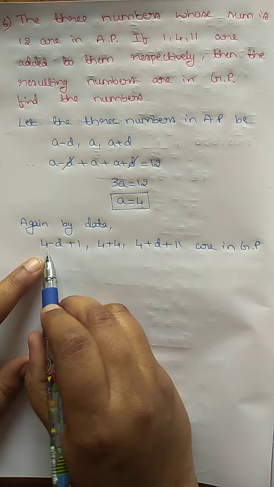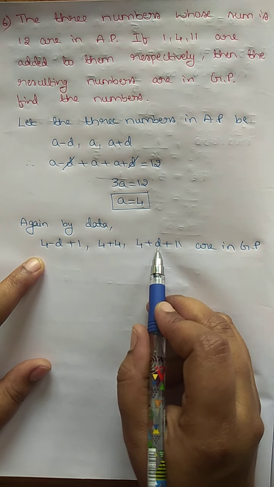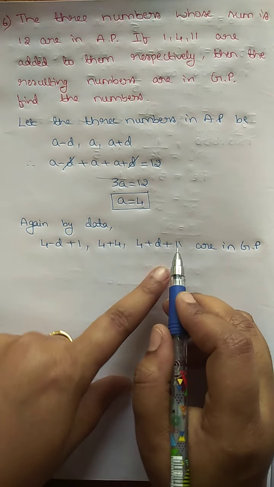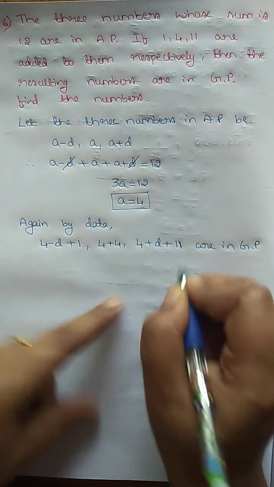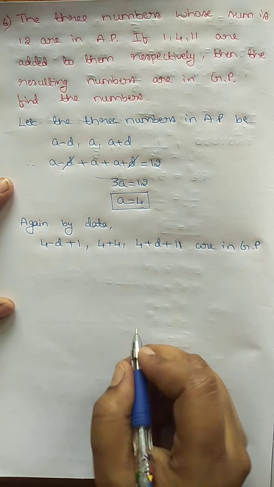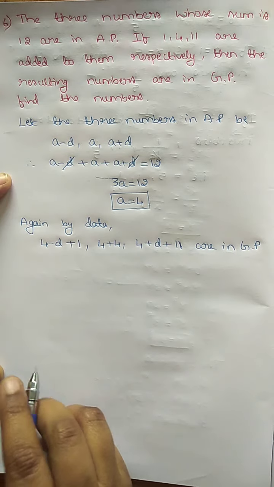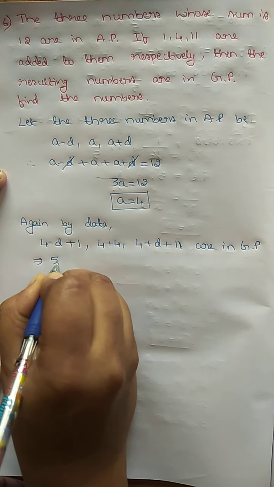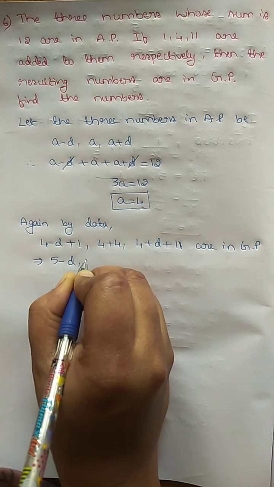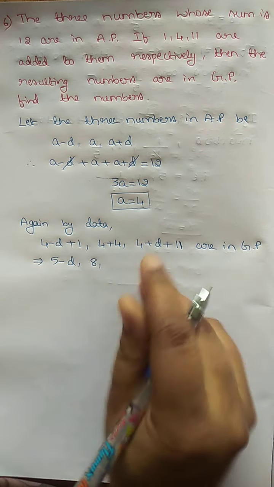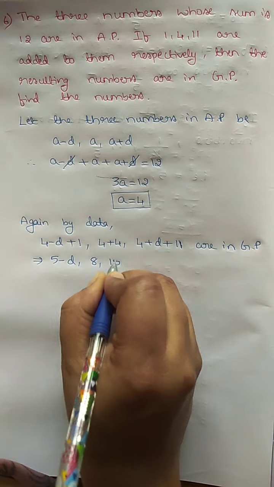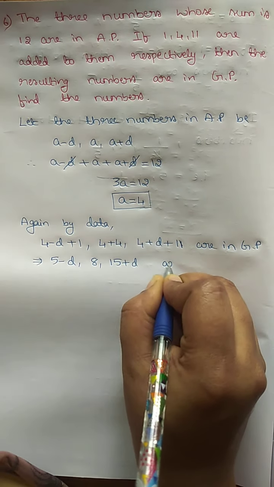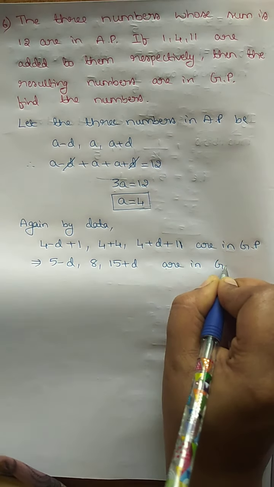The numbers are 4 minus D, 4, 4 plus D, and 1, 4, 11 are added respectively. Now these numbers are in GP, which implies 4 plus 1, 5 minus D, comma 4 plus 4, 8, comma 4 plus 11 is 15 plus D are in GP. GP means what?